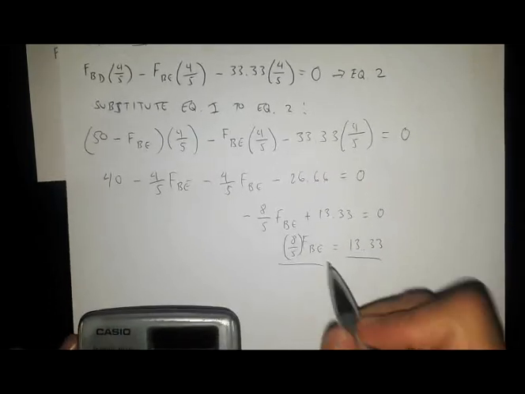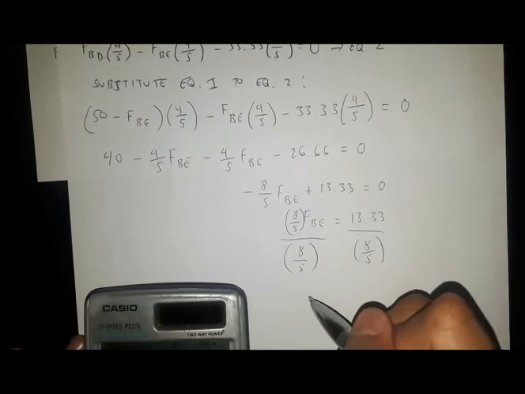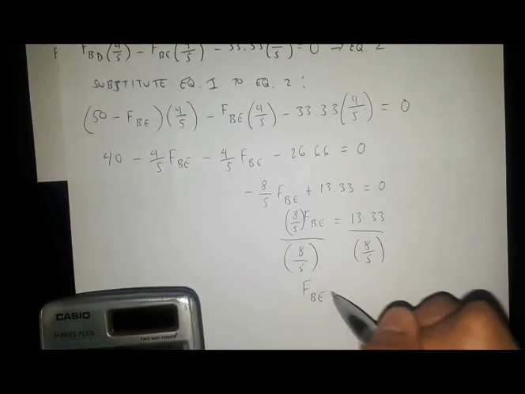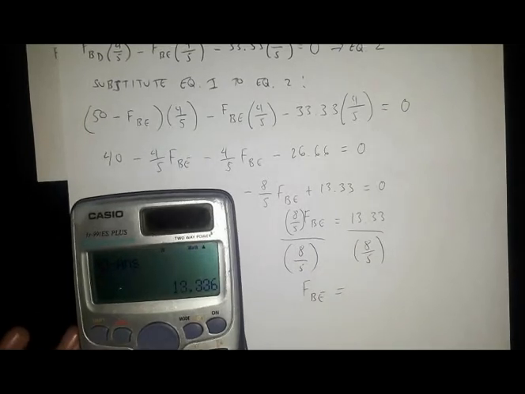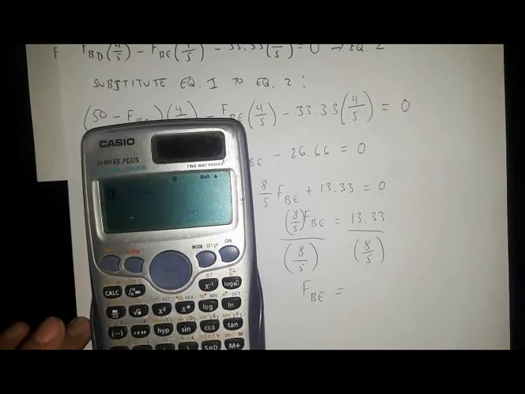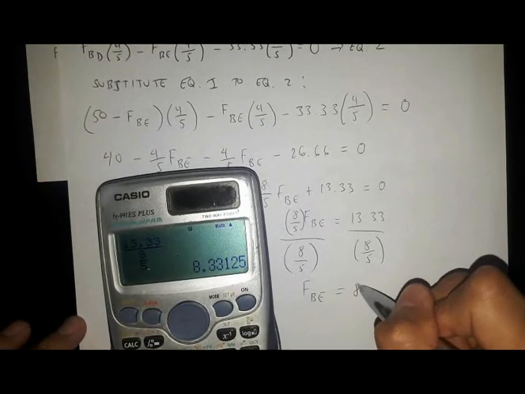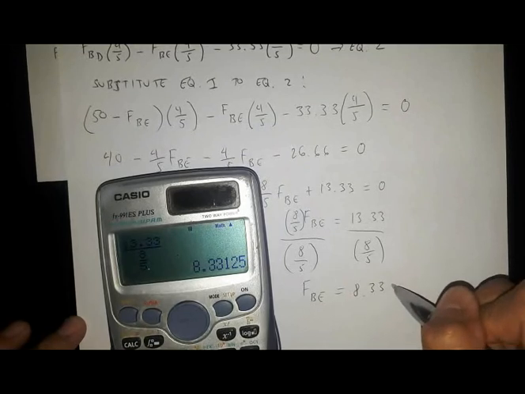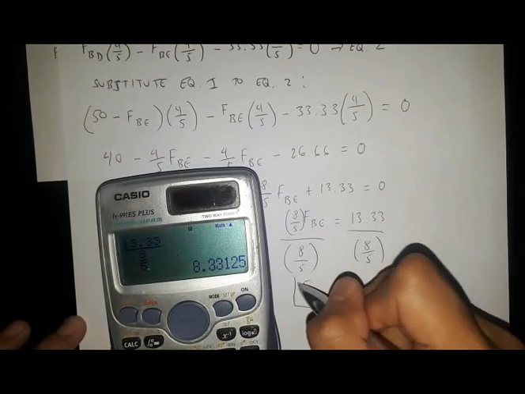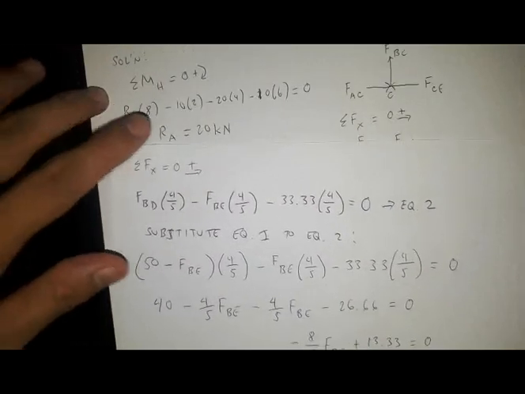Divide both sides by 8/5, we have FBE equals 8.33 kilonewton, and that answers the question.